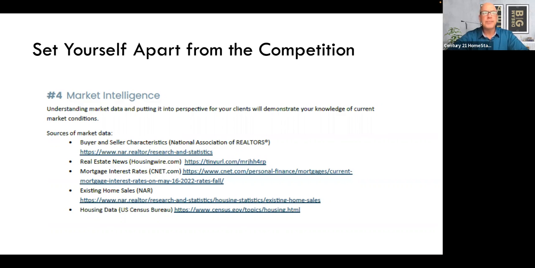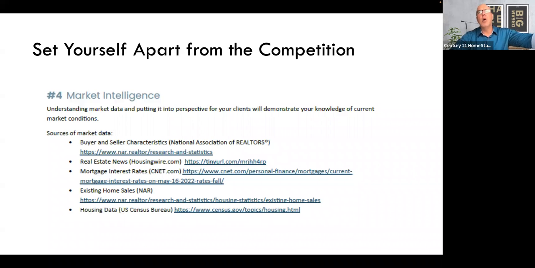Also, be prepared to dazzle them with stuff. For example, they might see just a sale price, but not know that two houses sold in the market. My neighbor over here sold for 25,000 over asking. This one over here sold for exactly what they were asking. If you did the research and looked at the pictures and the description and made a mental note, you can say, your neighbor's house, you probably didn't realize they finished the basement.